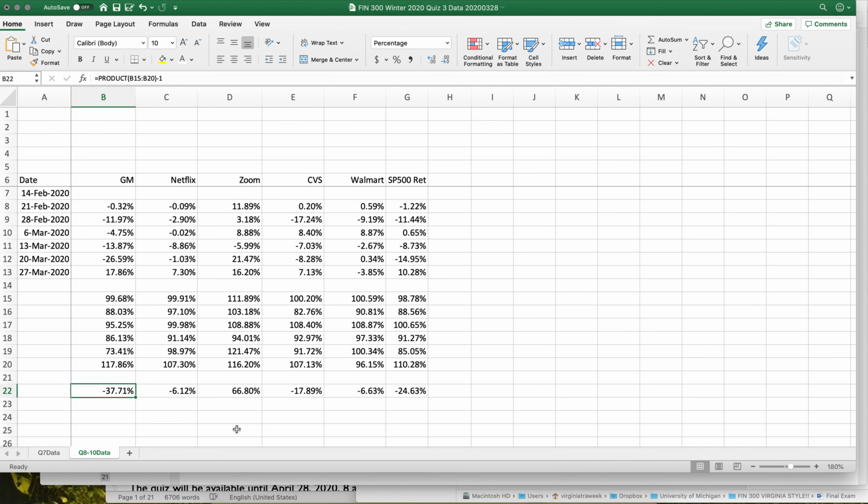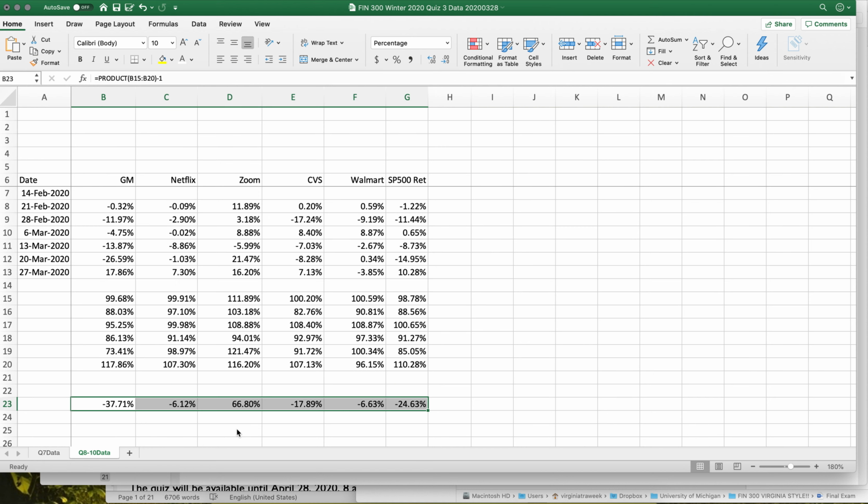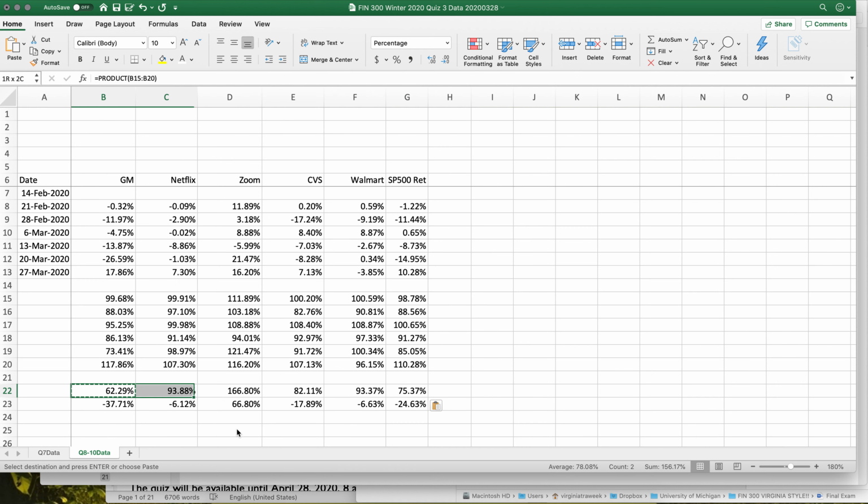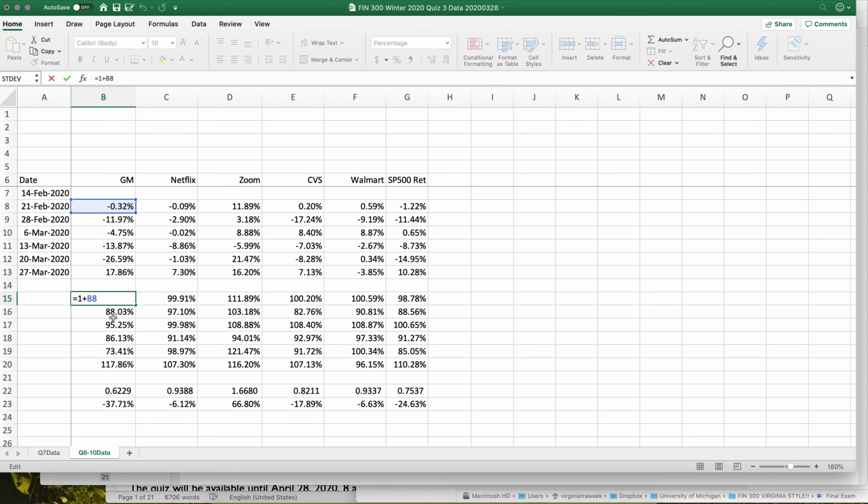Okay, so this is saying that if I put $1 in, so I added 1 here, and the idea is that if I put $1 in, at the end of that time period, I'd have 99.68 cents.